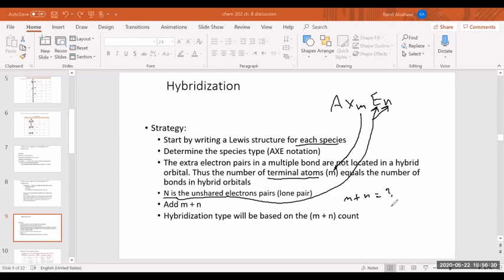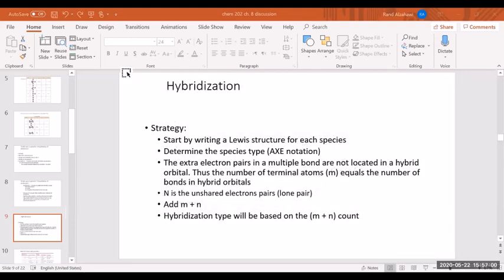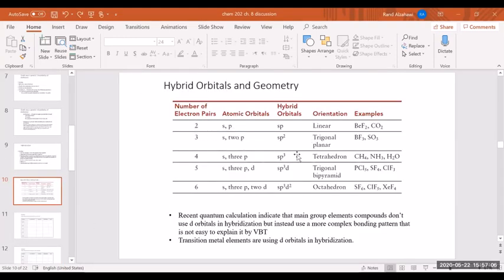Look here, guys, starting from 2, because 2 groups around, it will be sp. 3 is sp2, 4 is sp3, 5 is sp3d, 6 is sp3d2. That's the hybridization. As I said, hopefully this will help you figure out the hybridization, the shape of the molecule, everything. So look at this table, that will give you some idea about the hybridization.